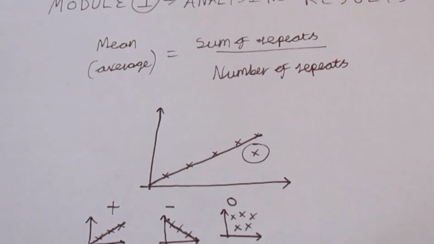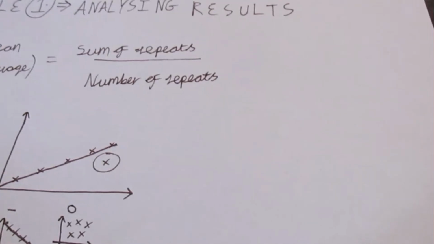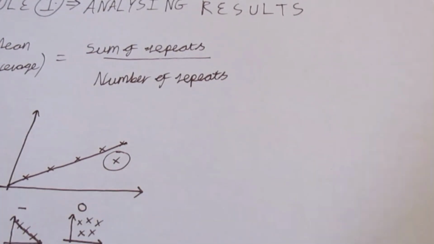Going on about correlations, often exam questions will ask you to state the relationship between two variables. For example, simple harmonic motion, which you'll come across in year 13.